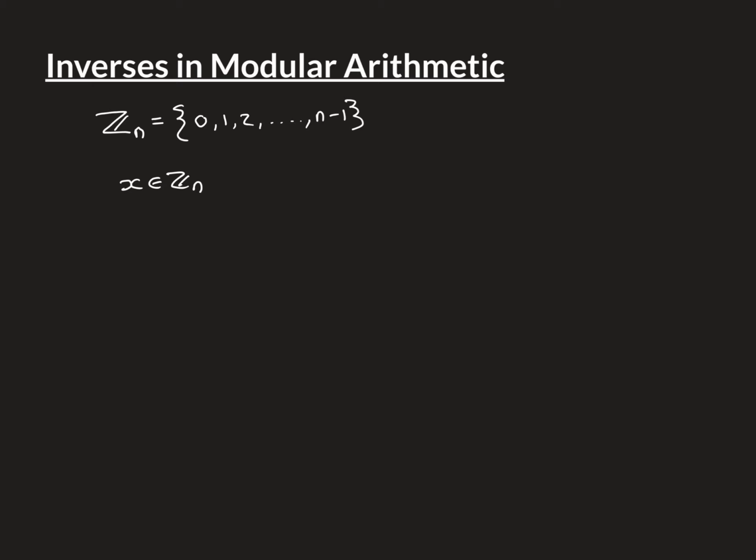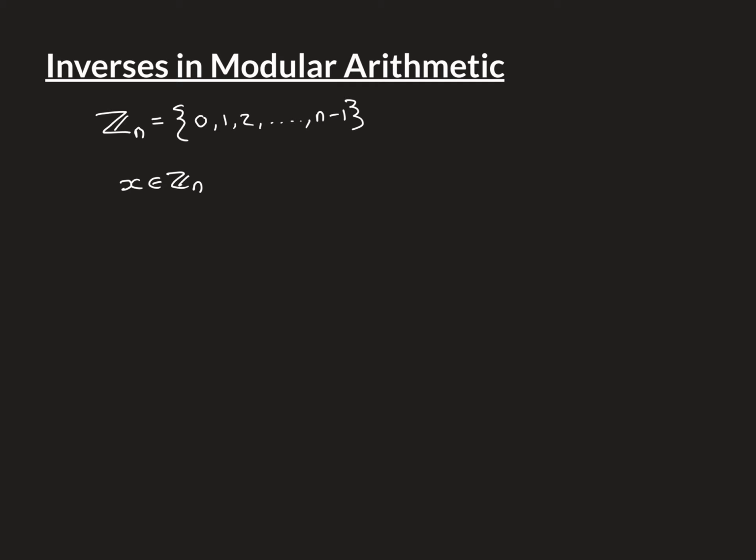So x inside Zn will have a multiplicative inverse inside Zn if and only if it is coprime with the number n, where you're viewing both of them as integers. Of course n isn't an element inside your finite number system, so you have to step out of that back to the number system that we know and love, the integers, and we know what greatest common divisor means in that context.